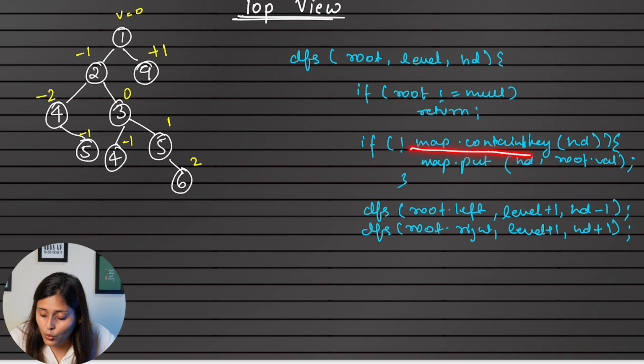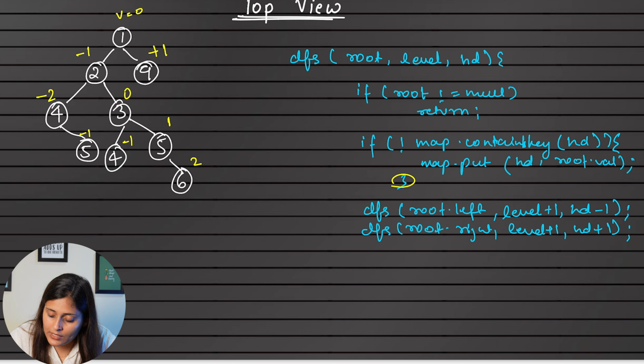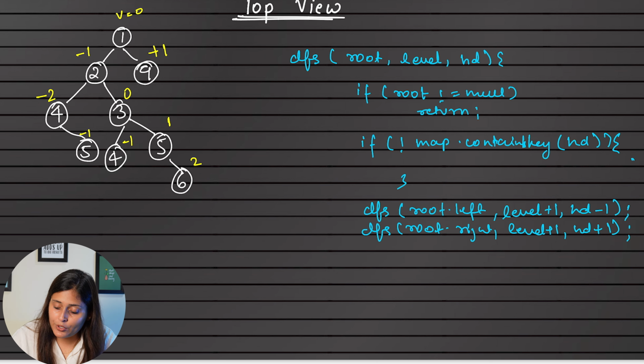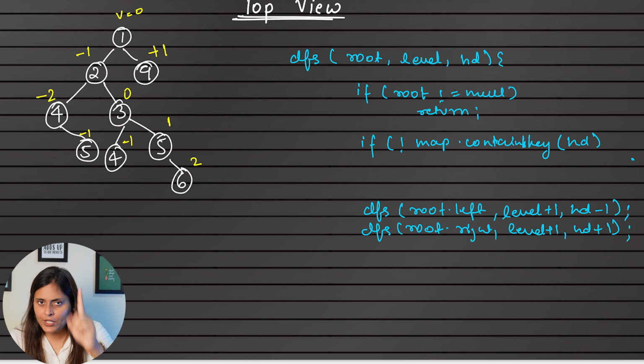So now in this code, what do you think should get changed? Can I say, instead of directly putting, I have to check one more case: if the vertex is found for the first time, then for sure insert it in the map. But if it is already present, then check the level also.